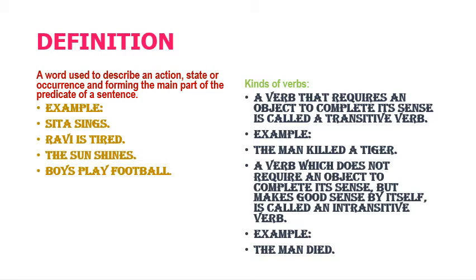In order to complete the sense of the sentence, we need to add an object. A tiger here is acting as an object to complete the meaning of the sentence.